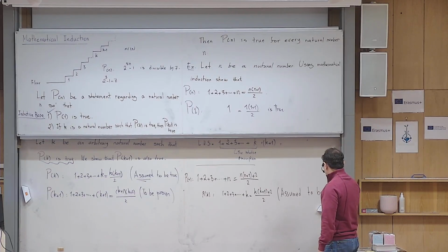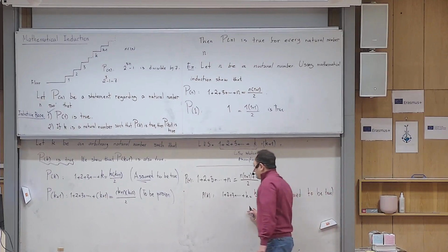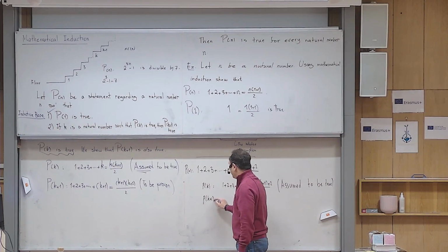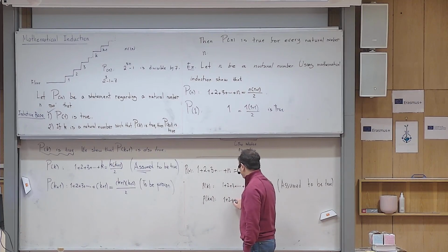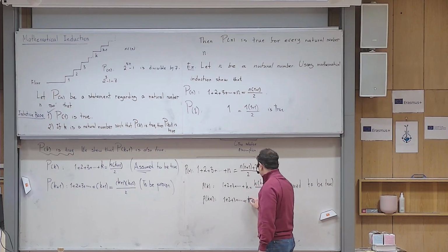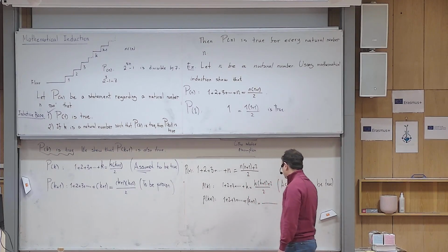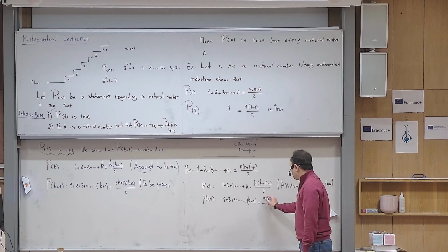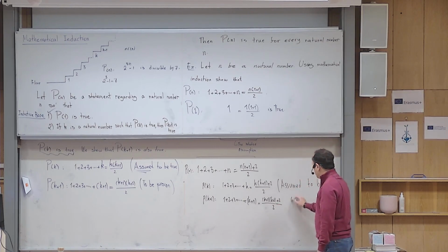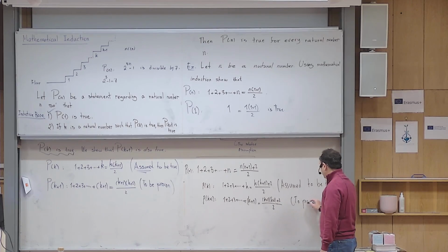And then he wants to see if it is possible to prove the next one. The next one is what? 1 plus 2 plus 3 up to k plus 1 is equal to, can you write the right-hand side? k plus 1 times k plus 2 plus 2 divided by 2, to be proven. Yes?